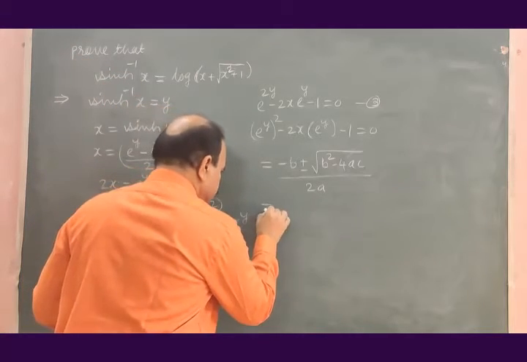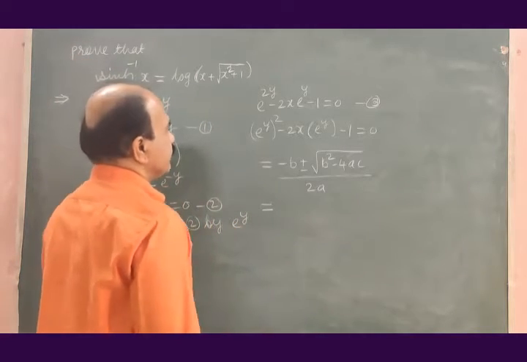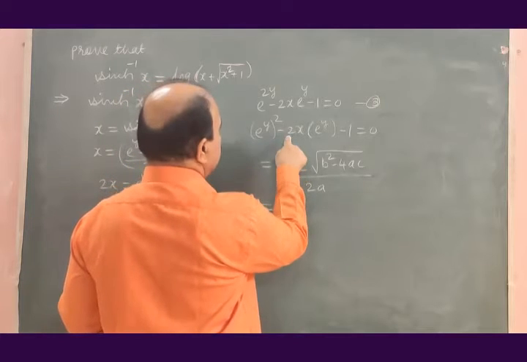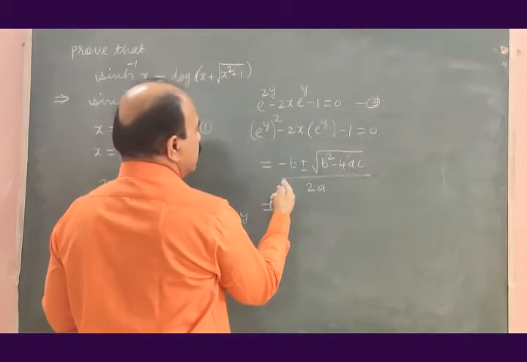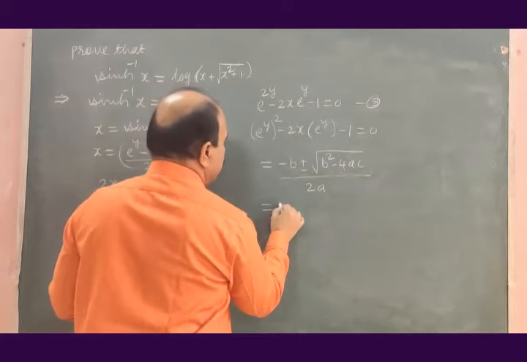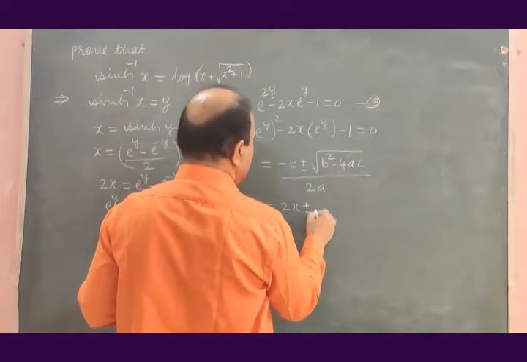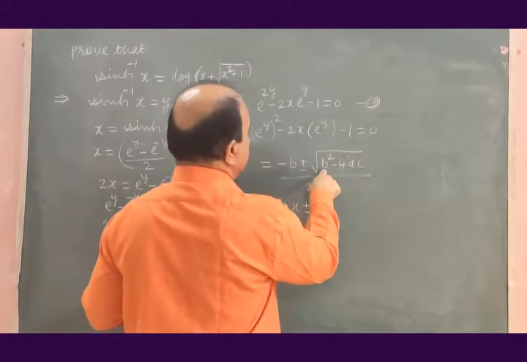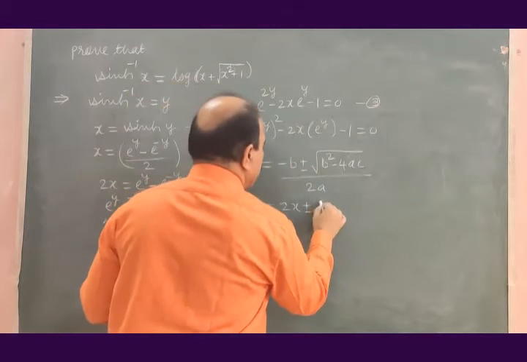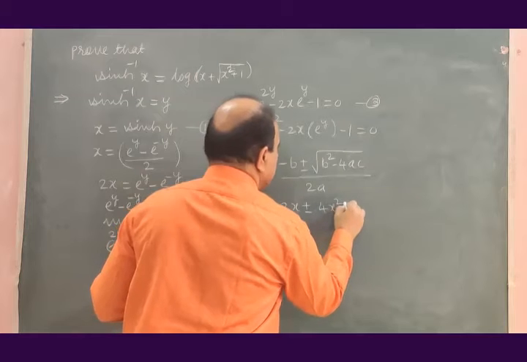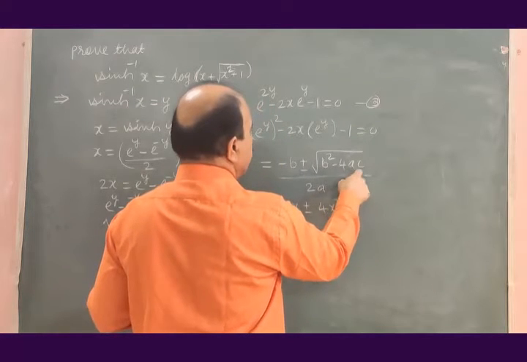What is b here? Minus 2x. Minus minus will become plus 2x, plus or minus square root of b square, 4x square, minus 4ac.